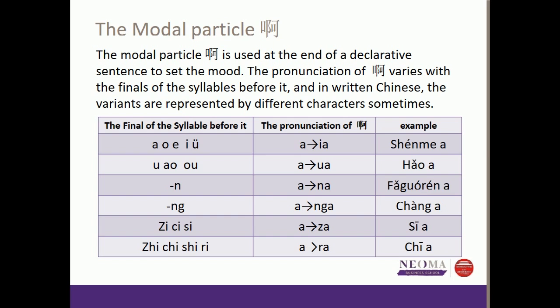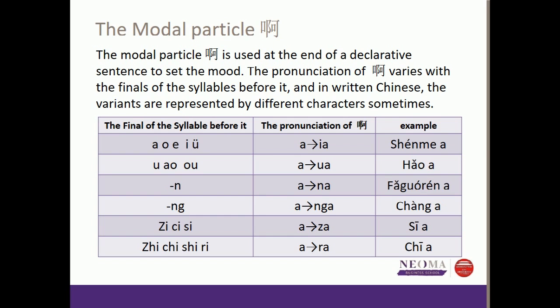So last one will change to ya. Second row, u, o, and ao will change from a to wa. For example, 好啊, 好啊, 好啊. Okay? 好. Third category, if it's an n, of course, this is simple, and it will change to na.